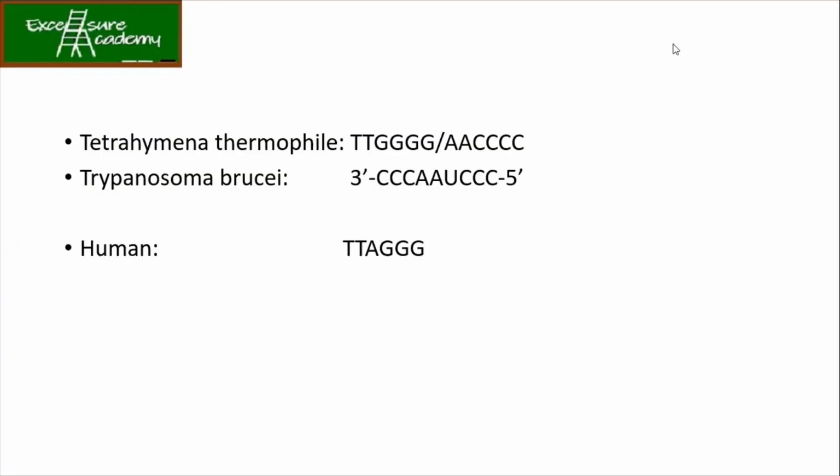Ma'am? Yes. Someone was asking a question. Yeah. But there are large groups of organisms that have the same sequence and therefore probably the same telomerase, right? Because all mammals have exactly the same one. So mammals are species specific, I said.